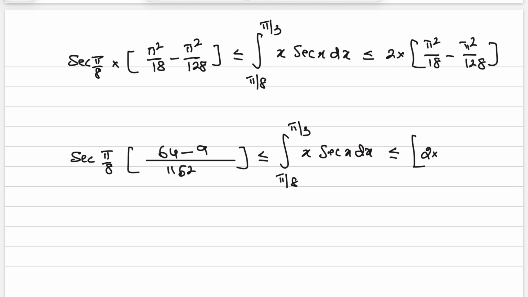2 into pi square into 64 by 9 minus 1152.